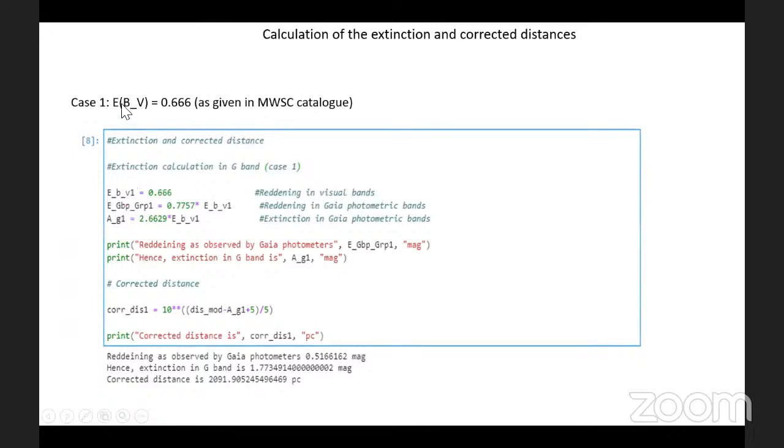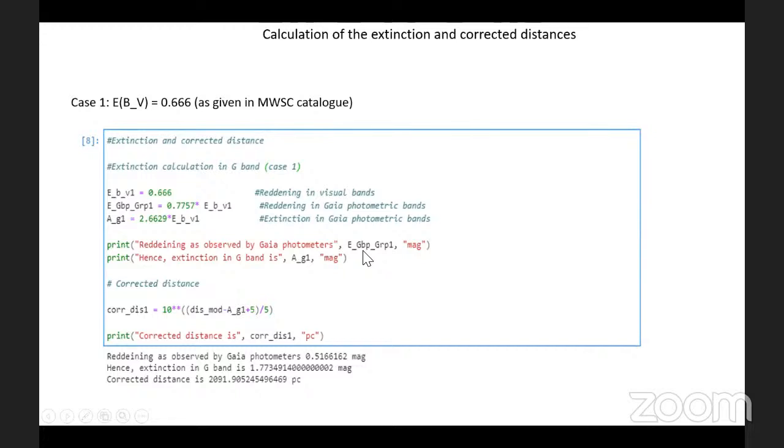Okay. So I have taken for the calculation these three cases, mainly one with 0.666, one with 1.25 E(B-V), and one with 1.25 and a subtraction of 0.5. So I start with 0.666, as given in the Milky Way star cluster catalog, and on seeing this, we get our corrected distance around 2000 parsecs, which is of the order of what is given in the Milky Way star cluster catalog.